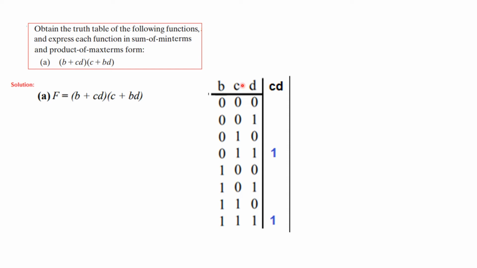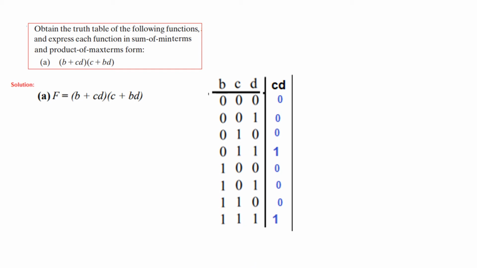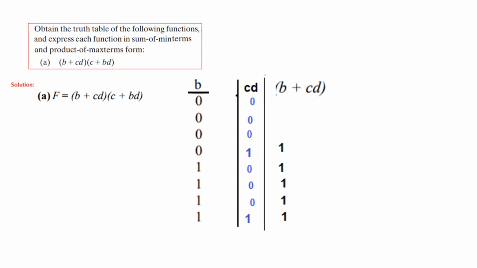So now straight away we come here and you can see that when both are 1, we write 1, and go down, and again when both are 1 we write 1, and the remaining you can fill in with 0. So we filled in with 0, and now we'll get this function B plus CD. Now plus is OR, so B or CD.